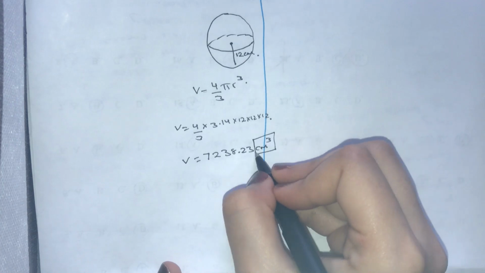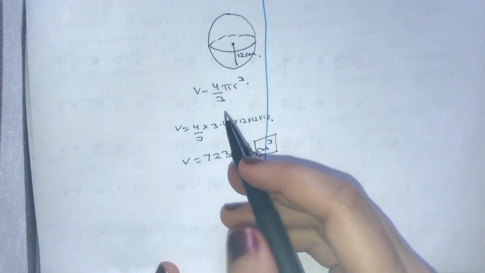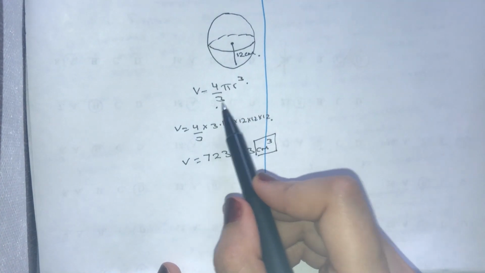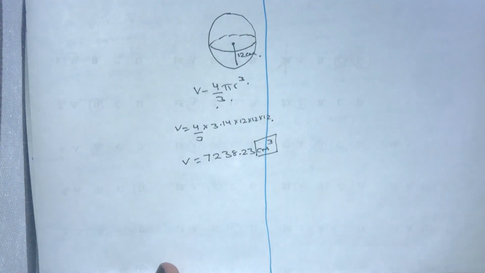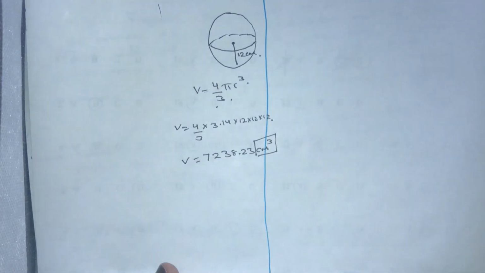So all you need to do is multiply 4 over 3 times 3.14, that is pi, times the radius three times. Now we're done with the sphere.